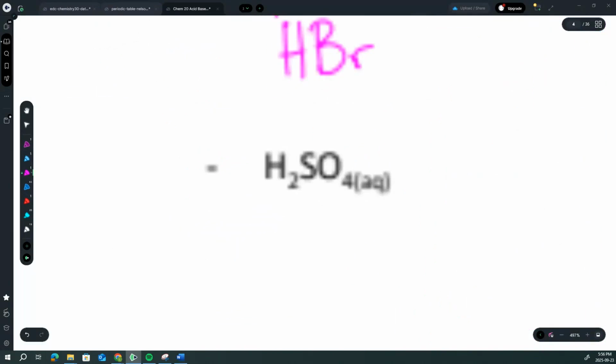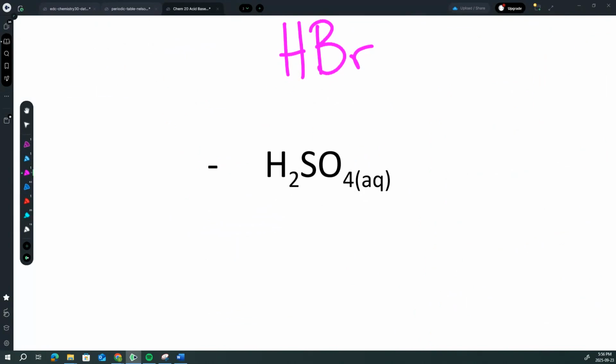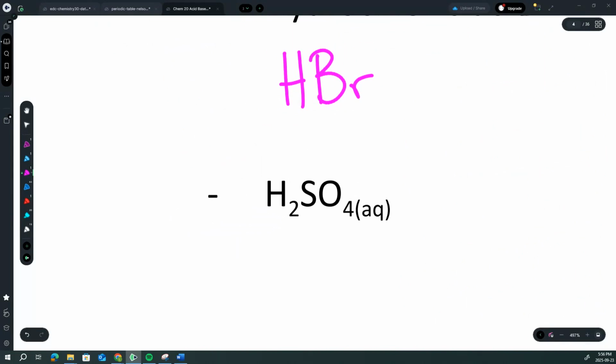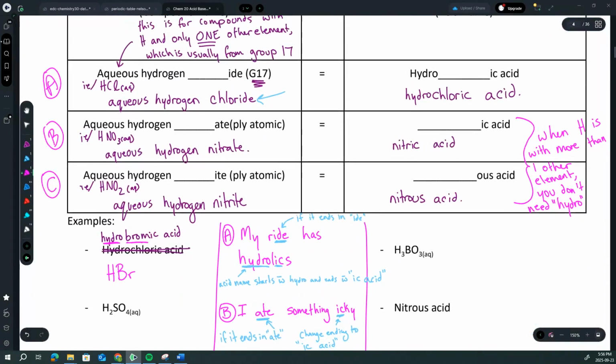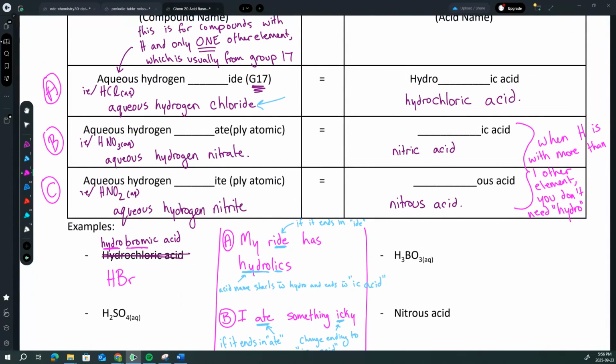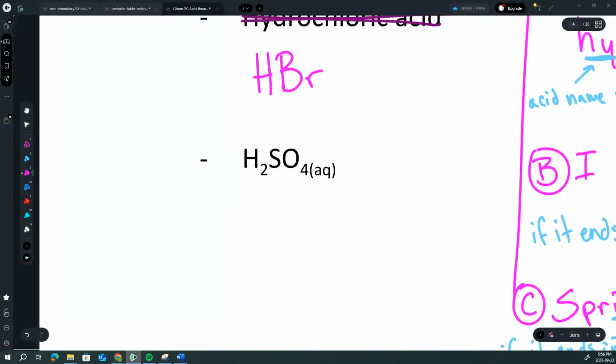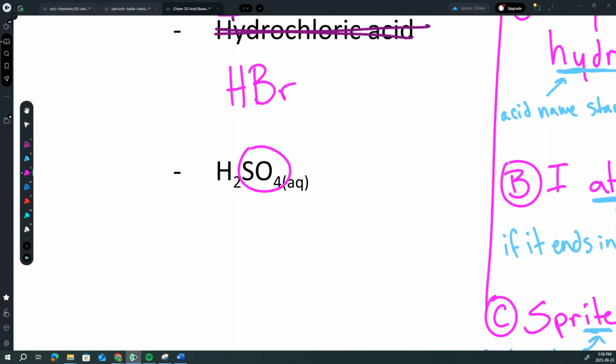All right, I'm going to do this one down below here, and then I'll move on to the other side. So we have H2SO4. I'm noticing that we have hydrogen with more than one other element. So that means that we're going to use one of the last two cases, either case B or case C. So what we need to do is ask, what is this polyatomic ion called?